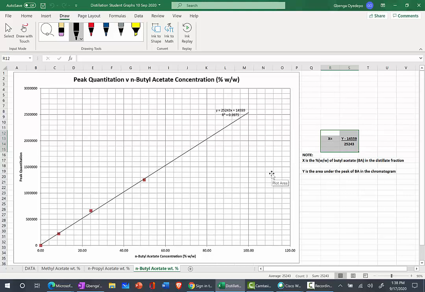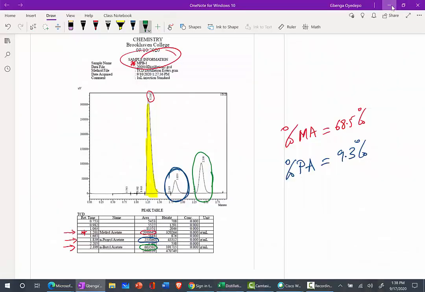So you plug the area in the position of y, and if you do that, you should find that the percent N-butyl acetate would be equal to approximately 25.7%. When you add up this, it's not going to be exactly 100% because this has some errors around plus or minus 5%.